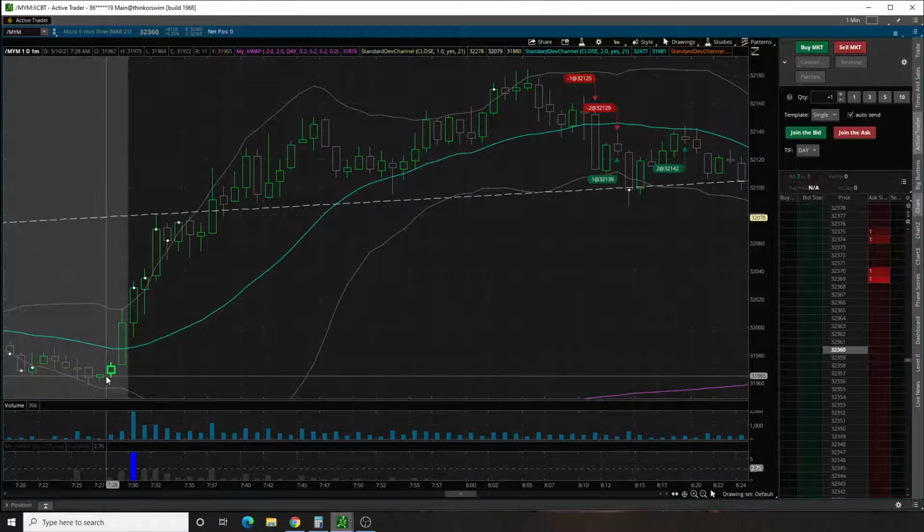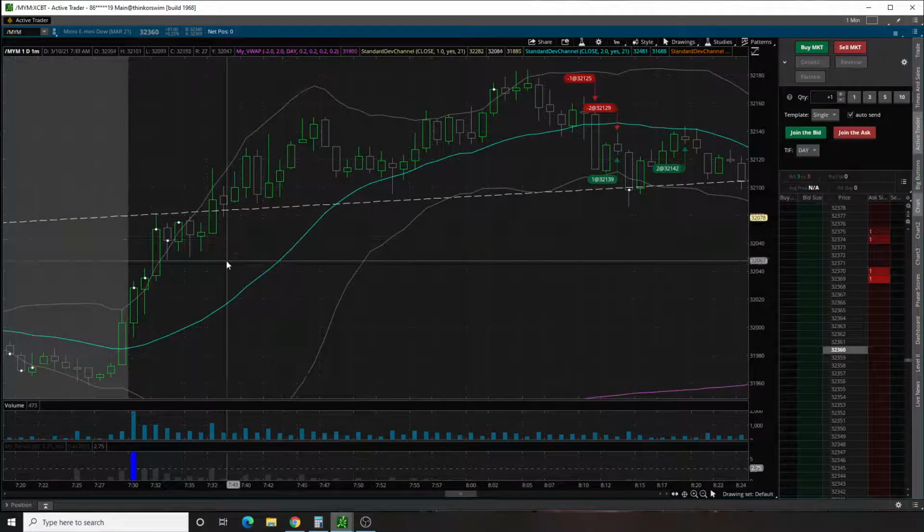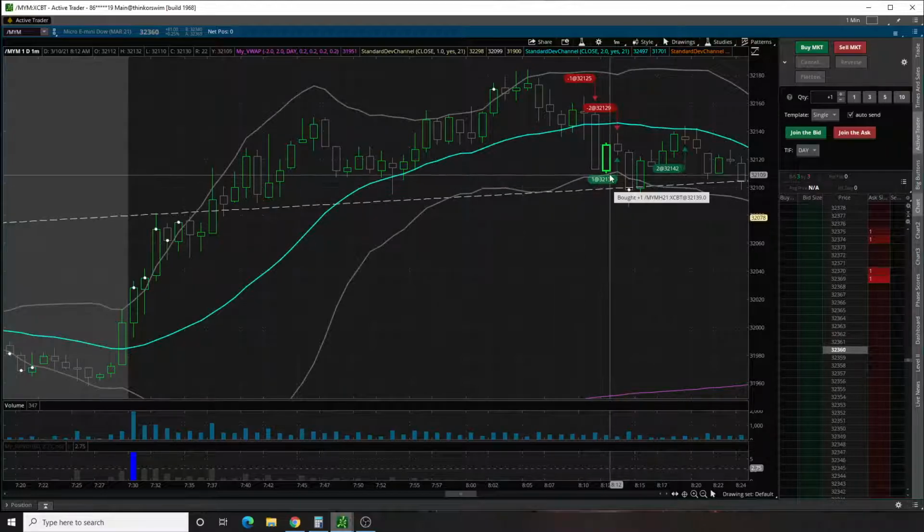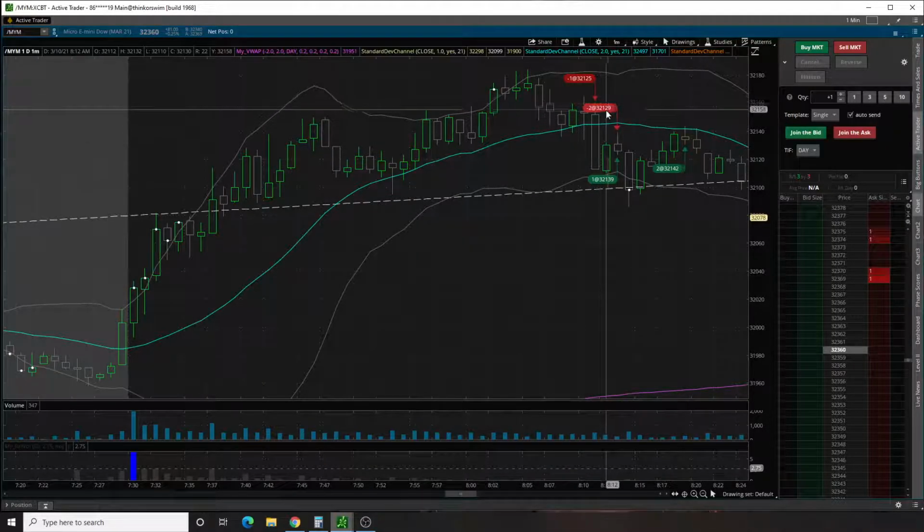So Dow made a big move up this morning from 960 all the way up to 3180. Look for a short to pull back down into potentially this area. Shorted one at 125, stopped out at 139, so a 14-point loser there.